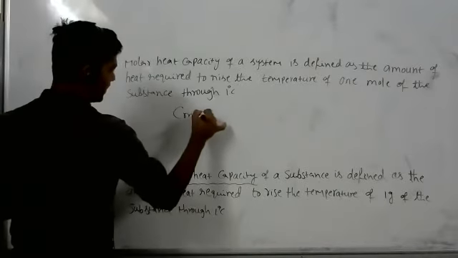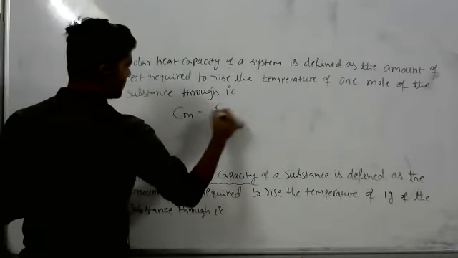We can write molar heat capacity is equal to heat capacity divided by n.